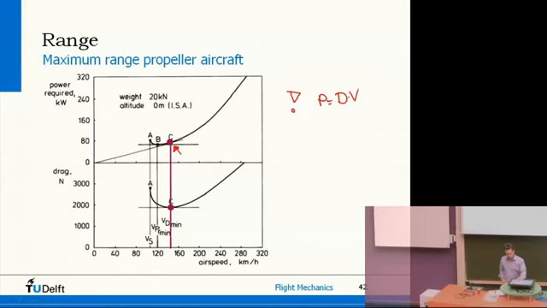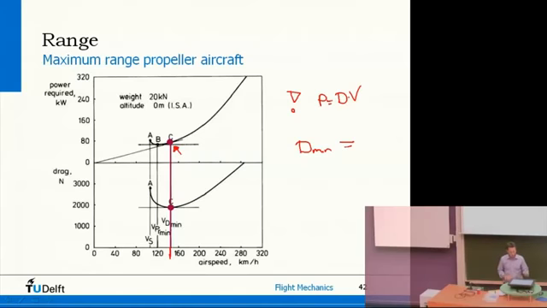So the airspeed at which you have minimum drag is not the same as the airspeed where power is minimal, because by multiplying with speed you kind of tilt the whole curve. So the minimum point is not the same. You can read straight away from the diagram what the minimum point is, and from there you can see that is the speed I have to fly at in order to fly as far as I can.